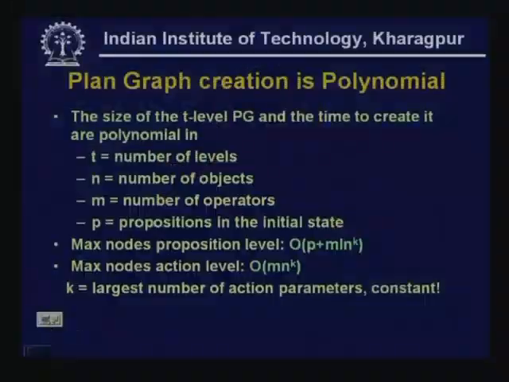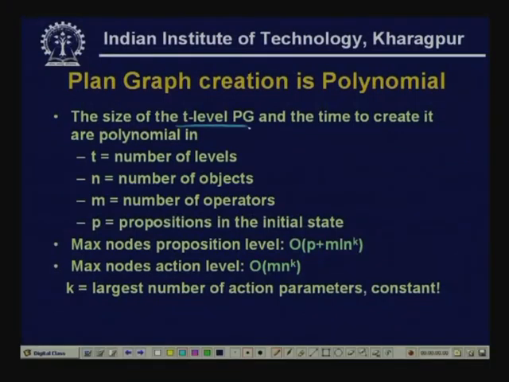Now, before we proceed, we note that the creation of the planning graph is a polynomial time algorithm. The size of a t level planning graph and the time to create the planning graph are polynomial in the following. T is the number of levels, n is the number of objects, m is the number of actions, and p is the number of propositions in the initial state.